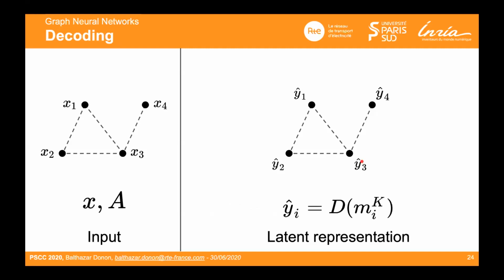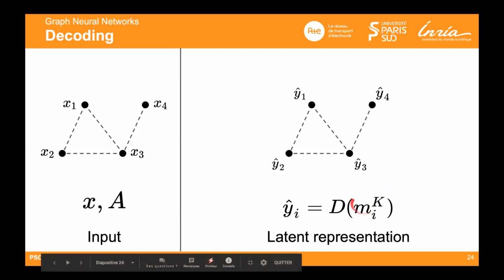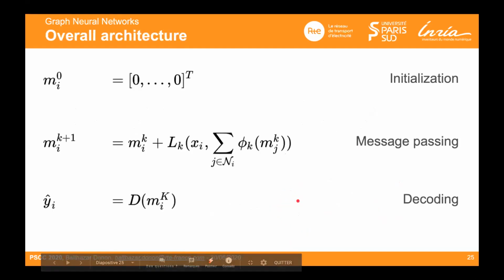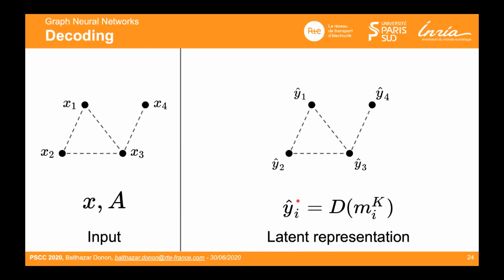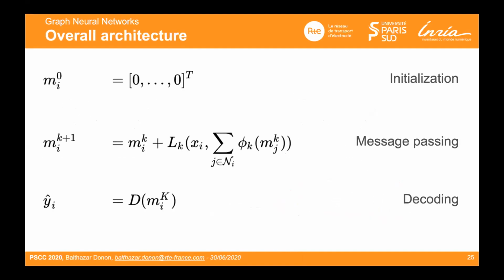Once you have propagated this information enough times, so big K times, where big K is also a hyperparameter of the architecture, then you decode your latent message that has no physical meaning into something that has a physical meaning, a physical unit, in order to imitate the output of the Newton-Raphson method.